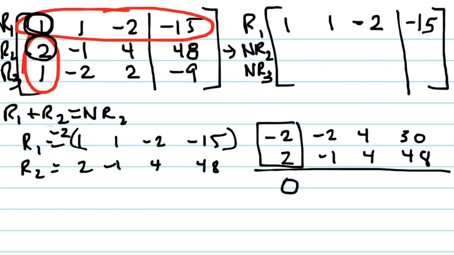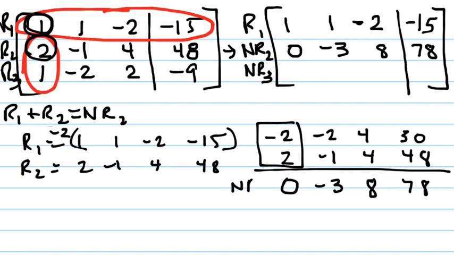But remember, I can't just add those together. I have to add everything together. And again, these numbers are getting bigger. Don't worry about it. They will get smaller as you go. And that is our new row 2. Pretty darn easy once you get the pattern down.